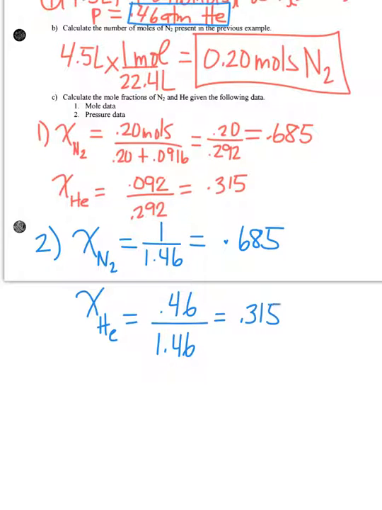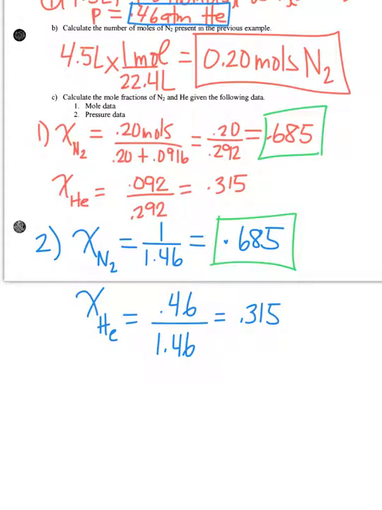All right, so the main thing that this is demonstrating is that no matter what data you use, it's going to give you the same mole fraction. Notice those nitrogens. We found the mole fraction using mole data and got 0.685. We solved for the mole fraction of nitrogen using pressure data and we got the same answer. Same thing for the helium.